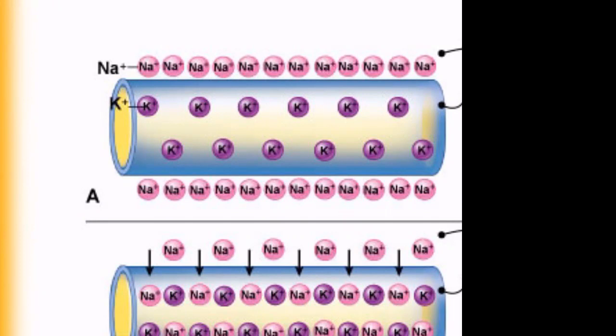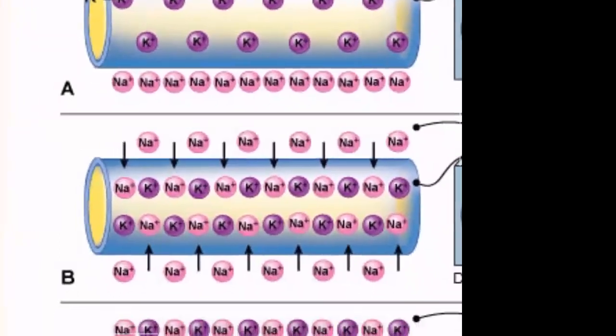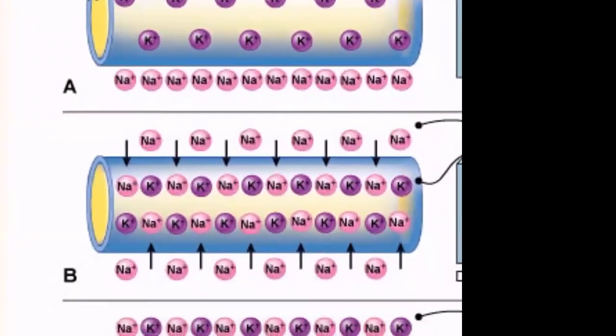And you can see there's a lot of sodiums on the outside, not as much on the inside, a lot of potassiums on the inside. So what's going to happen is sodium is going to move into the cell through those channels. Something's going to cause those channels to open up, and sodium is going to move inside. That's going to make the inside of the cell more positive, and especially right along the membrane. So just right on the inside of the membrane.